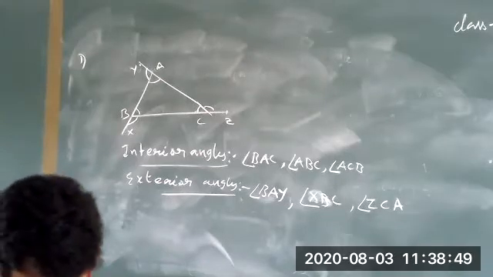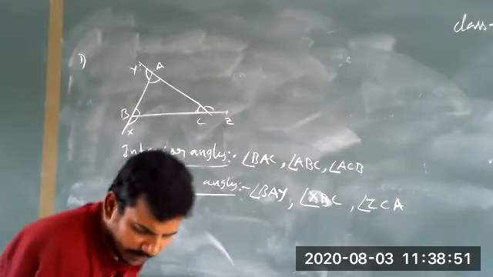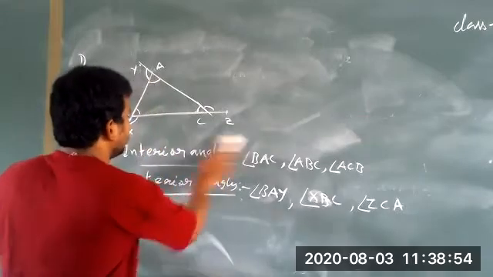Next, second problem. Exercise 4, second problem. For triangle ABC, find the measure of angle ACD.